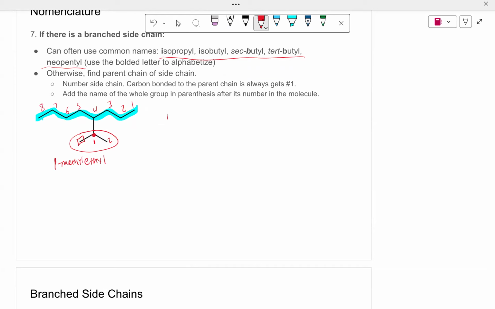On the number 4 carbon, there is a 1-methyl ethyl group. And we put the whole thing in parentheses just so that there's no confusion. And then our parent chain is octane.